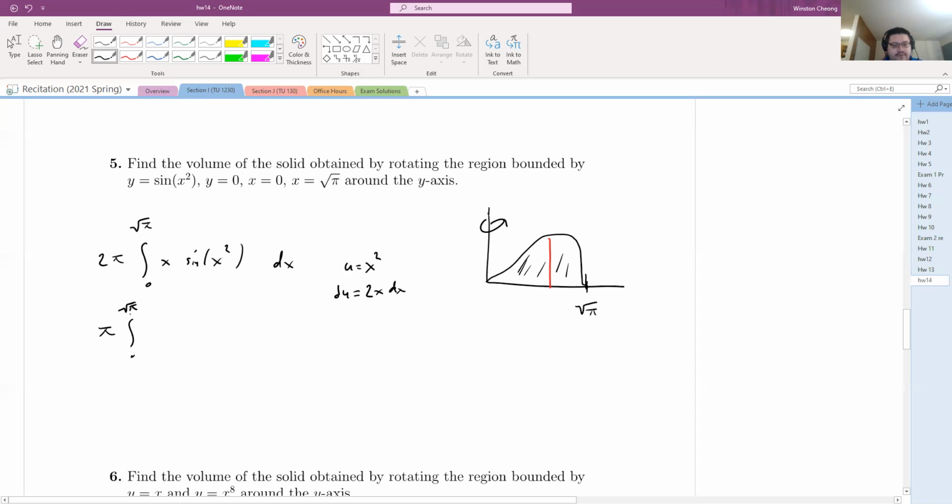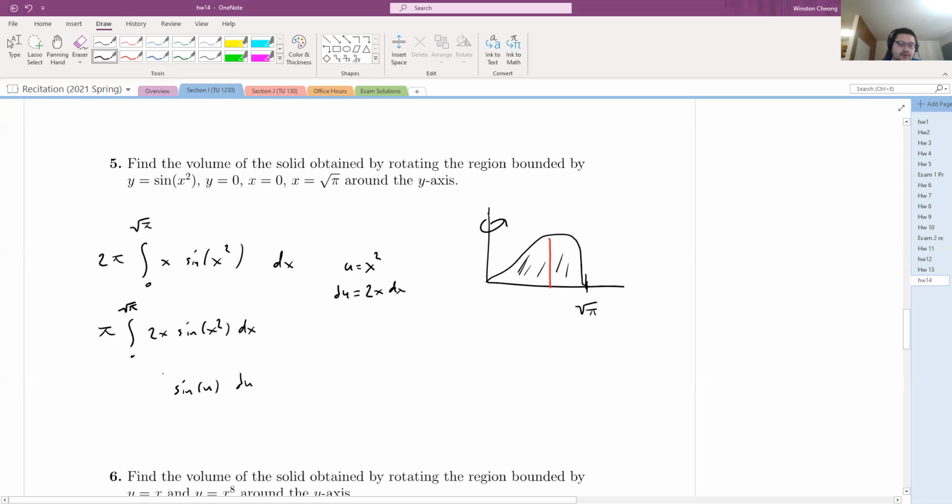This is root pi. Well, if we're going to perform the u-sub, let's not perform the u-sub just yet. Let's just write it out in full first, so that we can make sure we all see this. Okay, so now this is completely set up for the u-sub. It's going to replace the 2x dx by du, and it's going to replace the sine of x squared by sine of u.